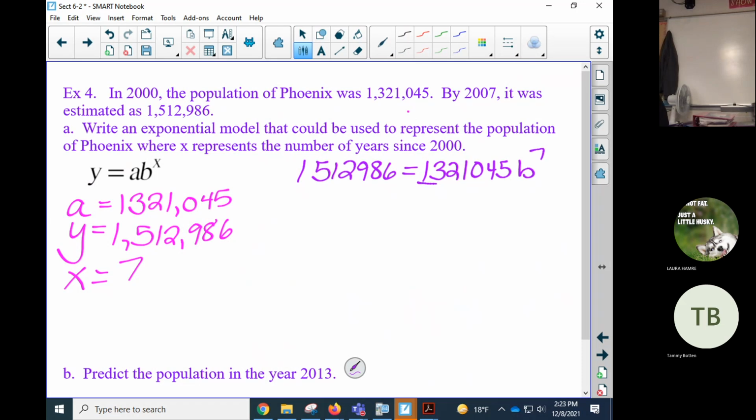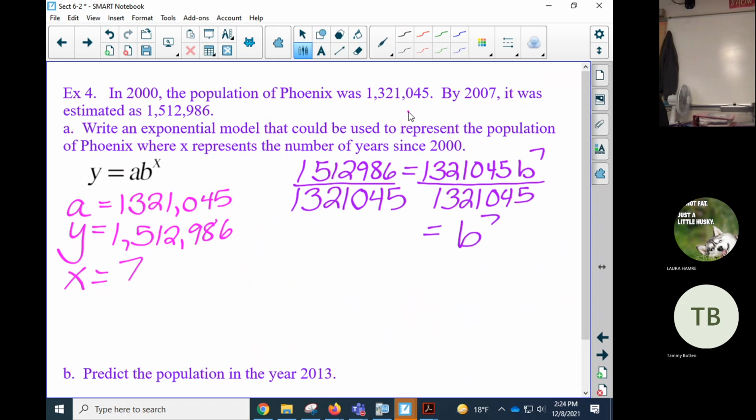So the very first thing I would do is divide by 1,321,045. Now, if you don't want to be off, do you guys know how to pull down a number on a calculator going second answer? Does everybody know how to do that? So when you divide this first, I'll show you.